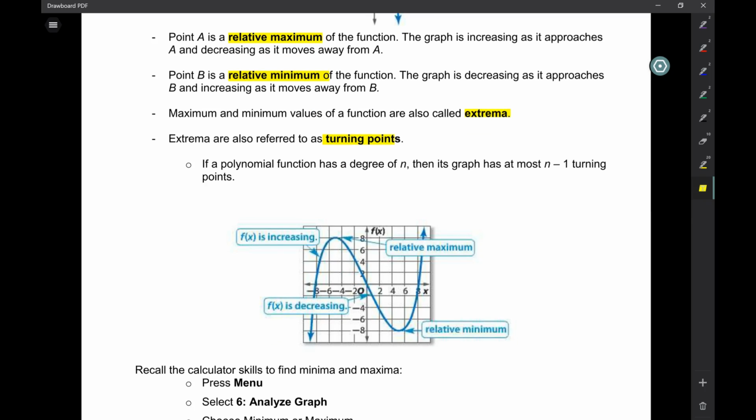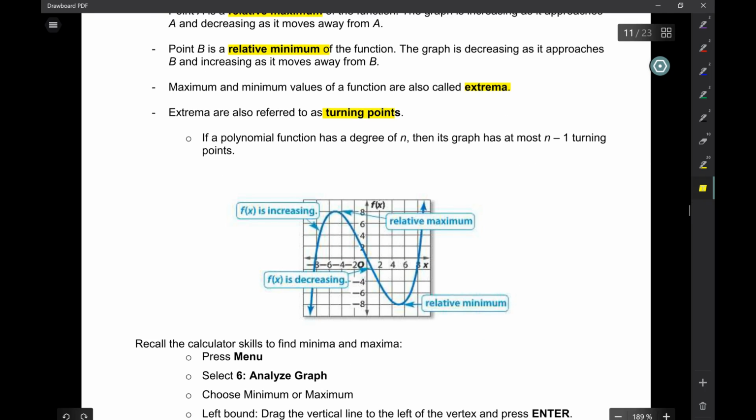We talked about what the degree of a function was, and everybody on the homework had gotten those questions correct, so good. If a function has a degree of n, then the graph can have at most n minus 1 turning points. So for example, suppose you have f of x is equal to x to the 6 plus x to the 4 minus 2.